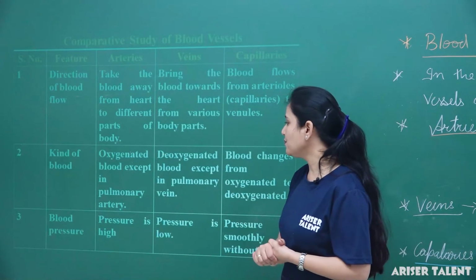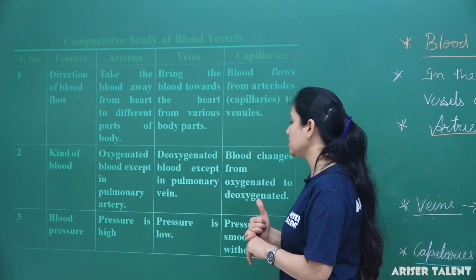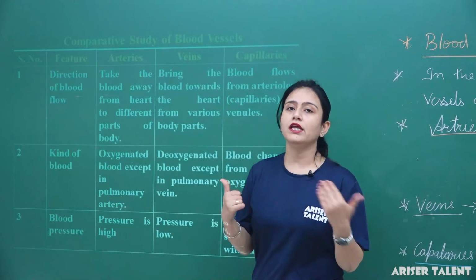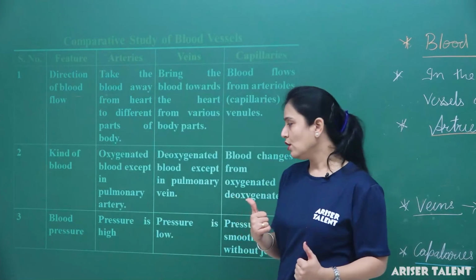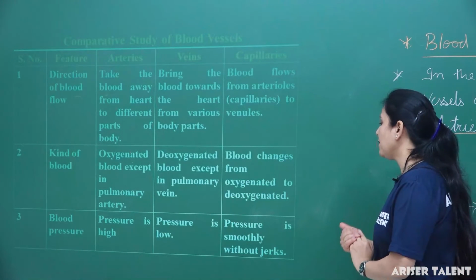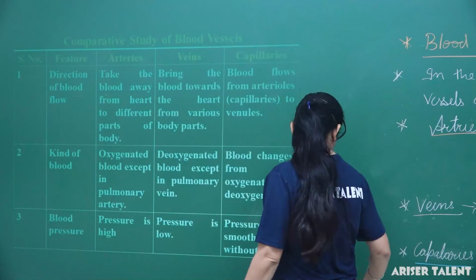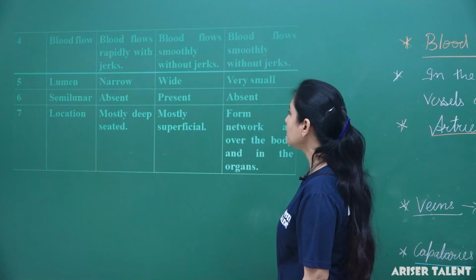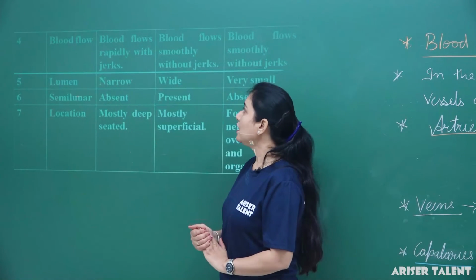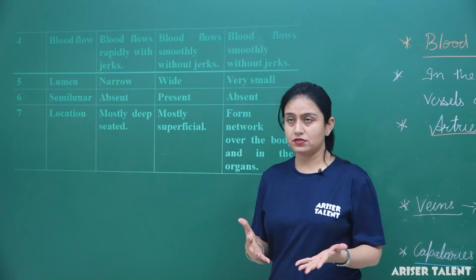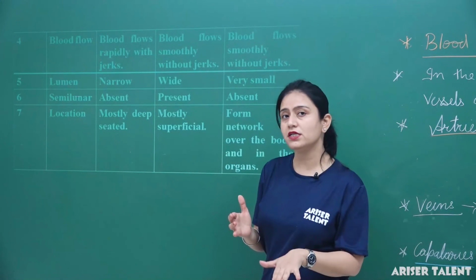Okay, next is blood pressure. In the arteries, blood pressure is high, but in the veins blood pressure is low. Clear? Here in the capillaries, blood pressure is smooth without the jerks. These were the differences. Next is blood flow. In the arteries, blood flows rapidly with the jerks. In the veins, blood flows smoothly without the jerk.